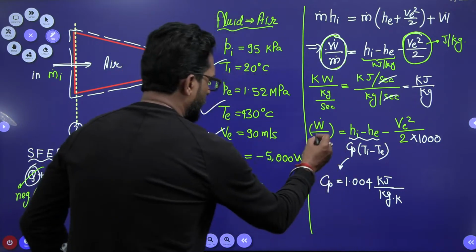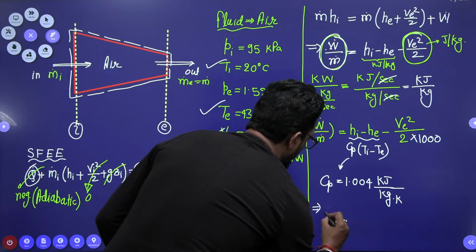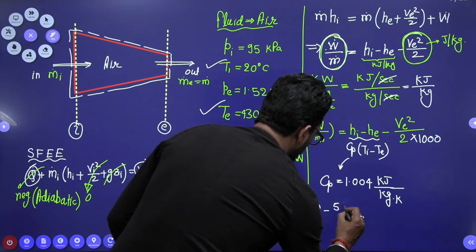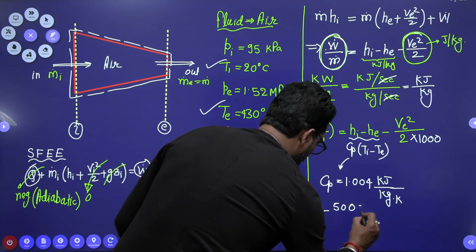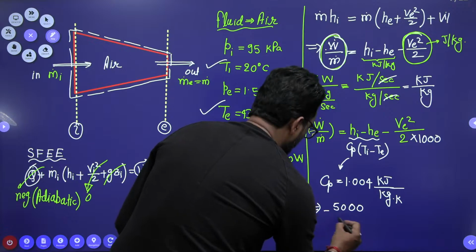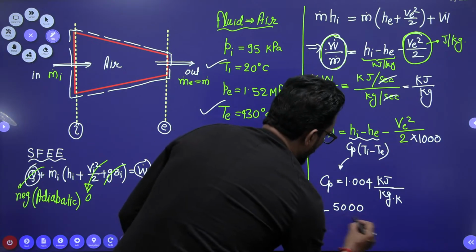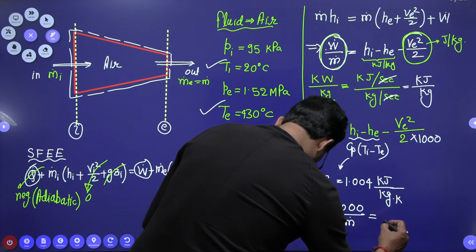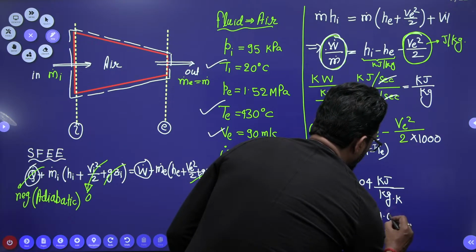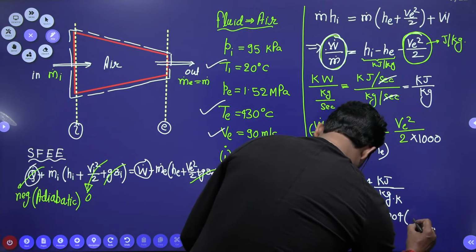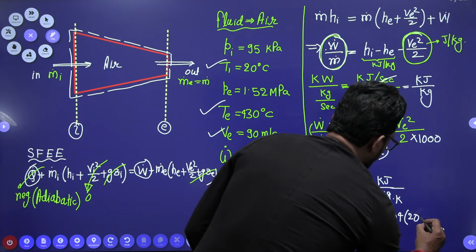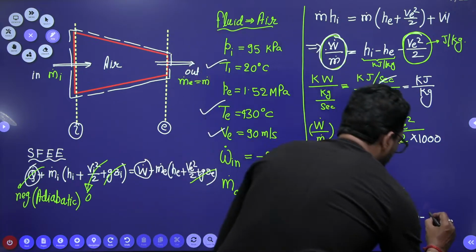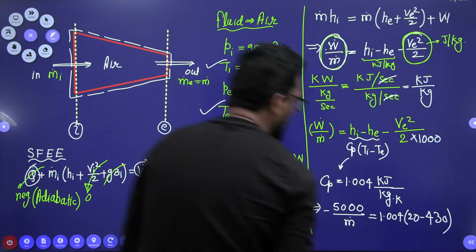Put all these values. You put a negative sign here. So minus 5,000 divided by m dot. So m dot is equal to, you put all these values: 1.004 into 20 minus 430, okay?